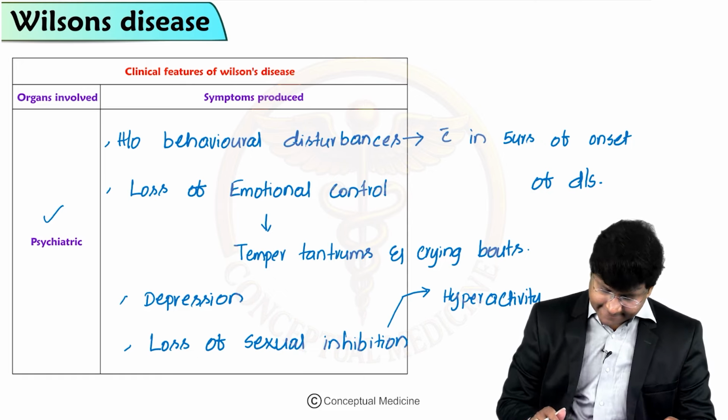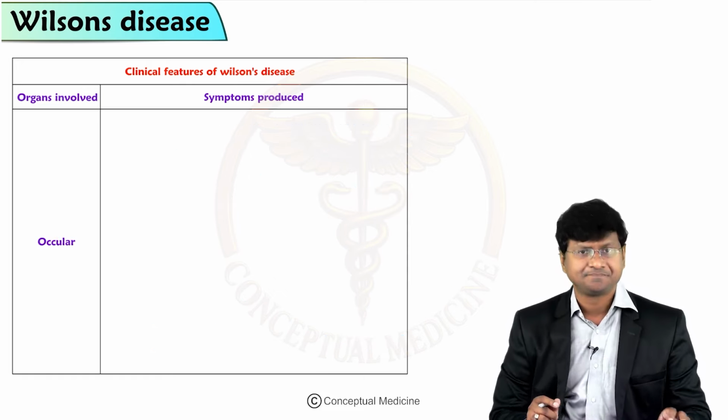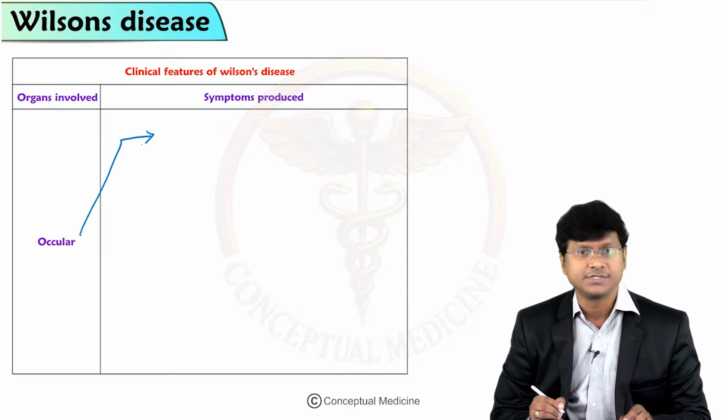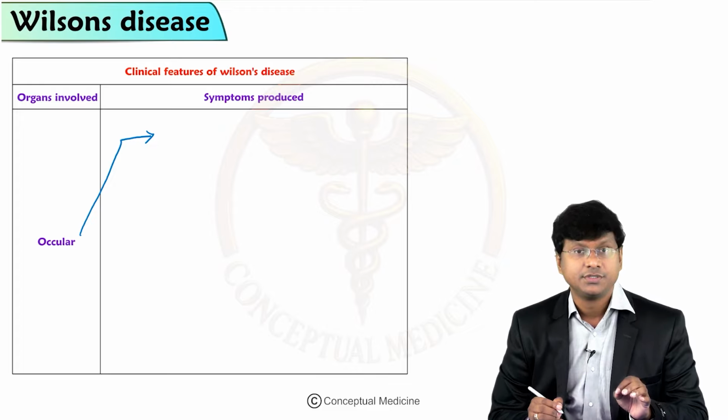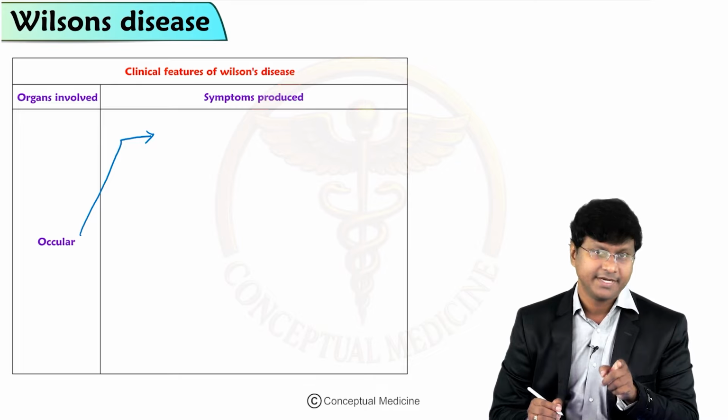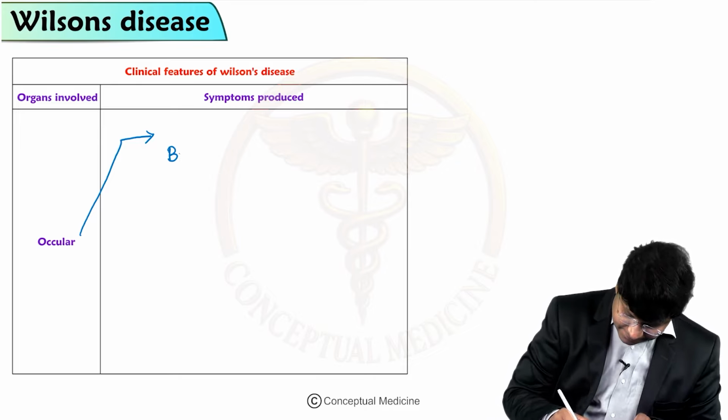Then followed by the ocular manifestations. In patients with Wilson's, there is a brownish Kayser-Fleischer ring at the rim of the cornea. I'll show you the image also.